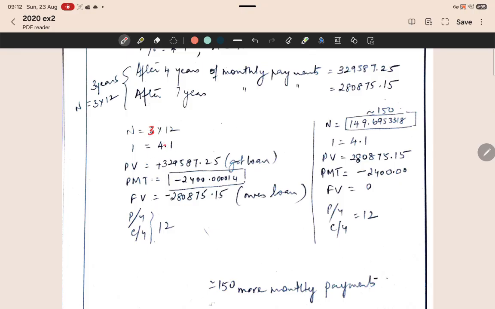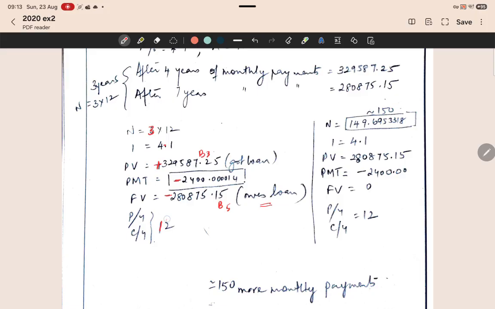4.1 was the interest. As I told you, this is the loan he got. Okay, that was his repayment, so it's minus. And so this is the loan that is still with him. That's the balance after 3 years. And this is the balance after 5 years, which is minus because he still owes the loan.